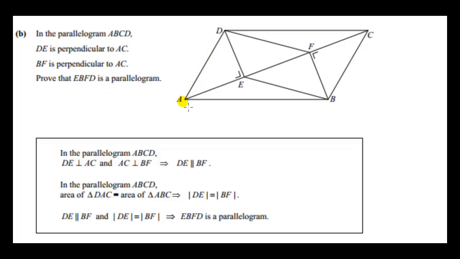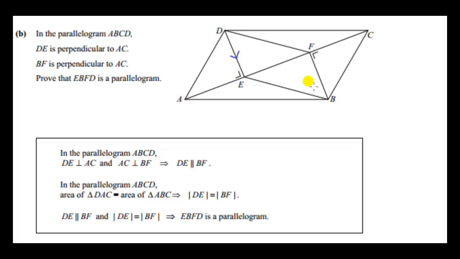In the parallelogram ABCD, DE is perpendicular to AC, and BF is also perpendicular to AC, as you can see. So we want to prove that this quadrilateral in here, EBFD, is a parallelogram. First of all we notice that DE must be parallel to BF, because these two lines, DE and BF, make the same angle with the line AC, namely a right angle.